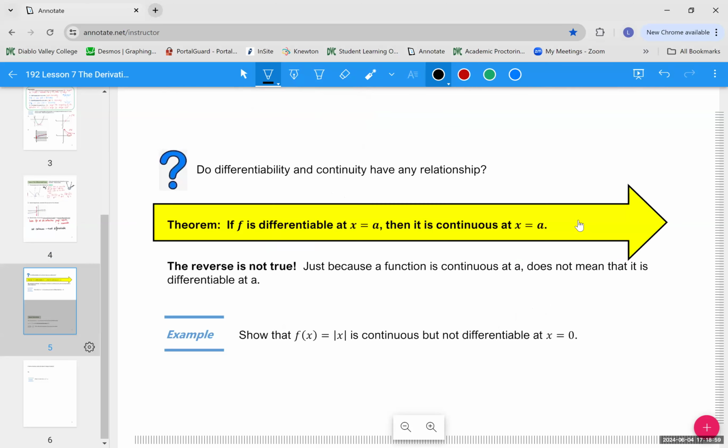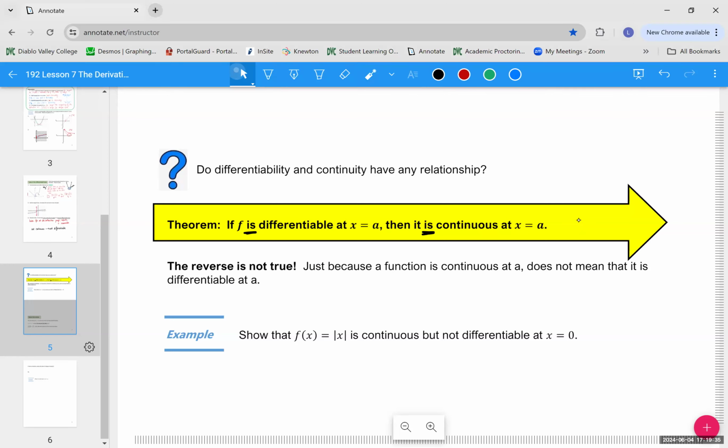And so we're going to rephrase that in more positive language, which says that if it is differentiable, then it is continuous. Okay. So if you know that it's differentiable, then you can conclude that it's continuous. If you know that it is not continuous, then you can say that it is not differentiable. But you cannot go in reverse.